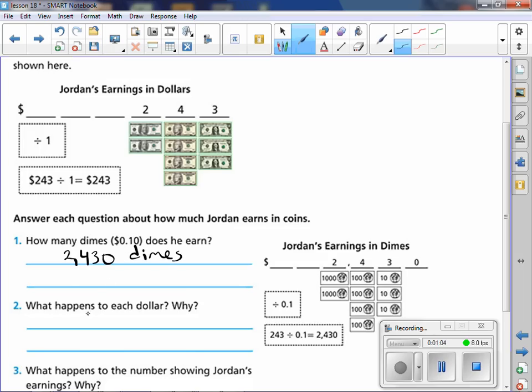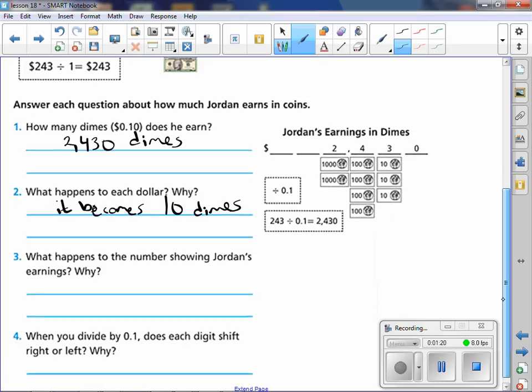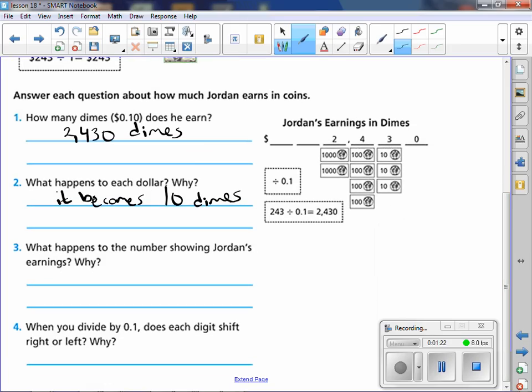Okay? So what happens to each dollar? It becomes 10 dimes, right? Because there are 10 dimes in a dollar. Okay? So what happens to the number shown in Jordan's earnings? Well, it becomes 10 times as great.